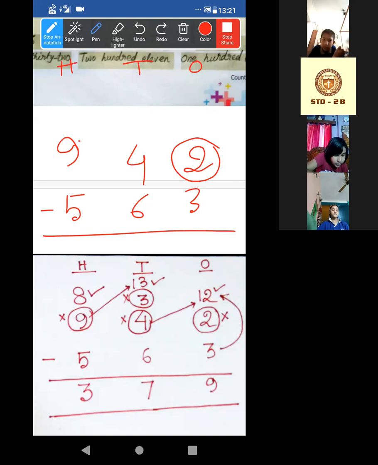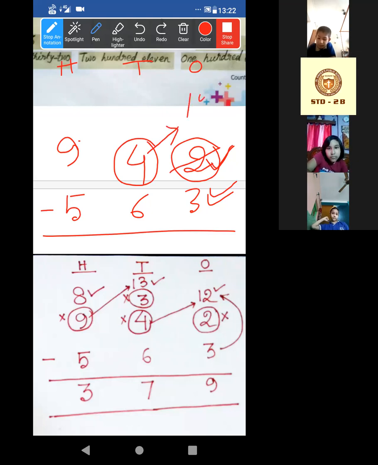Okay. In 1's place, it is 2. 2 is less than 3. Look at this. 2 is less than 3. So first and foremost thing, we have to make 2 larger. So if we want to make this 2 larger, then we'll cut this and we have to borrow 1 from this 4, right?